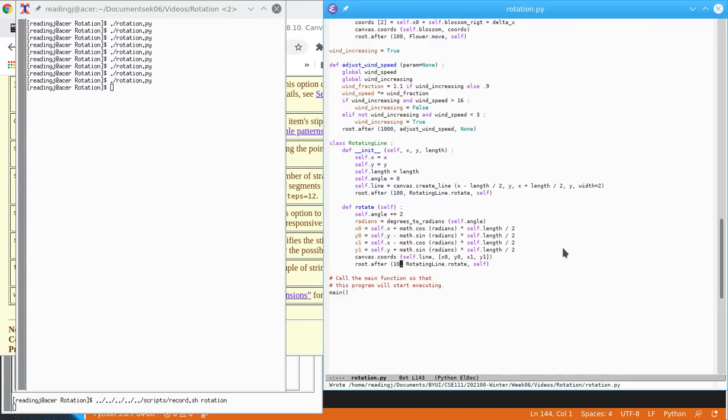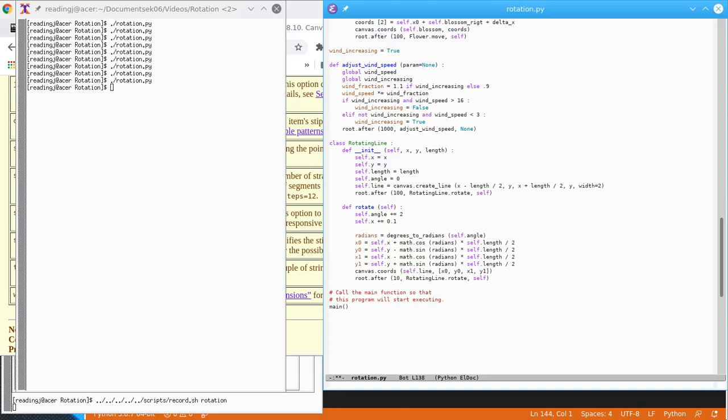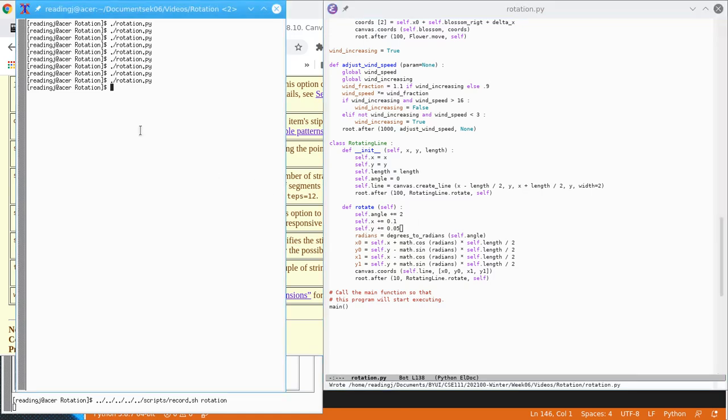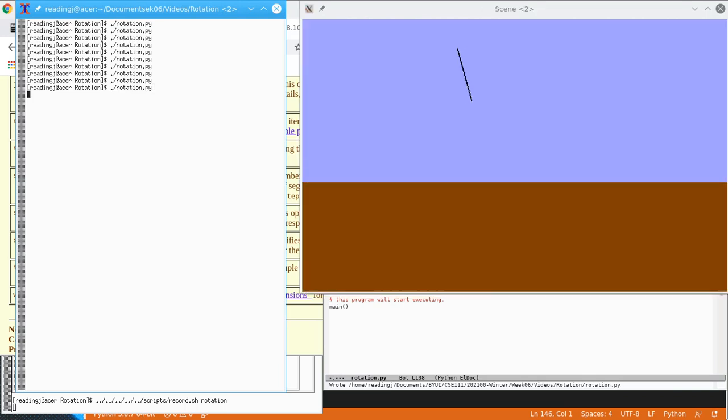Now if you want it to move, now you have to change self.x. Self.x plus equals 0.1 and self.y plus equals 0.05, and now it'll rotate and move.